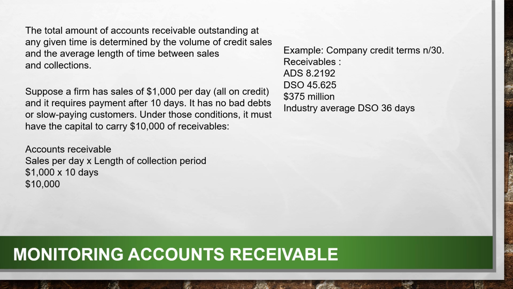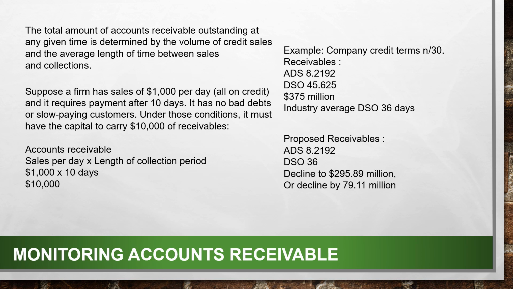Because on the industry average, it only takes 36 days to collect, while we are collecting in 45.625 days, and that's too much already. Our objective would be reducing our DSO, or Days Sales Outstanding, or collection period.